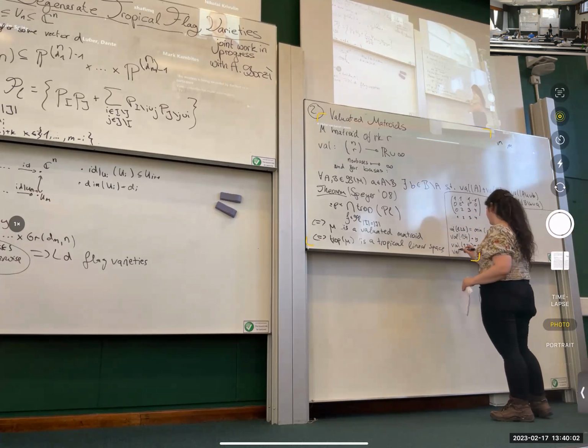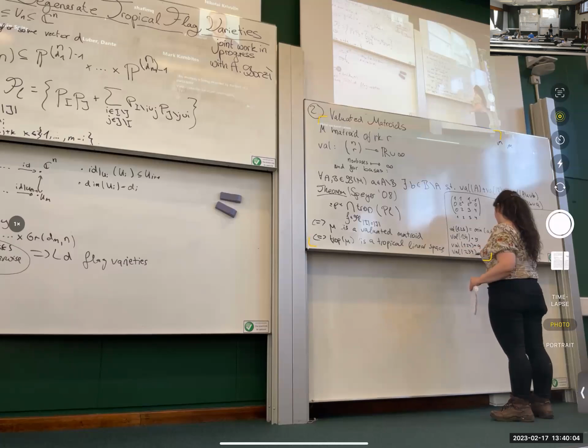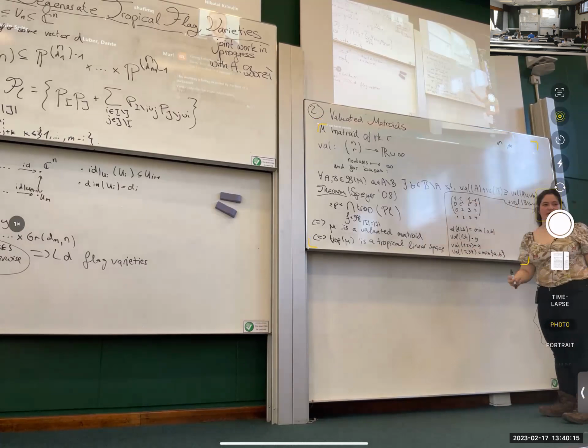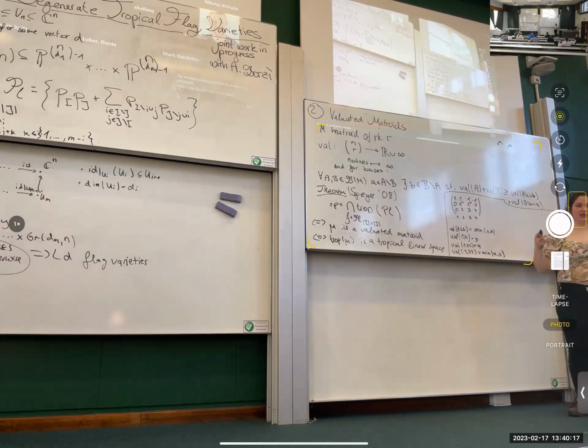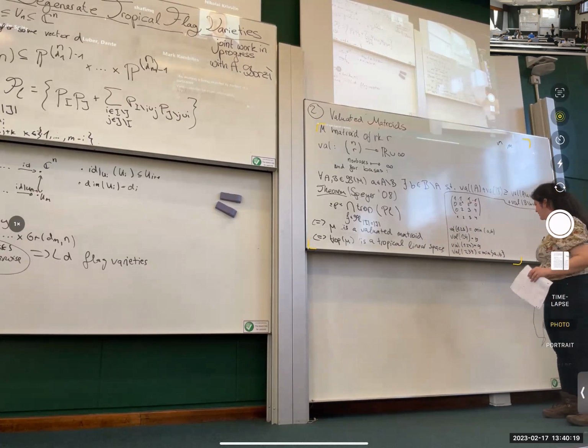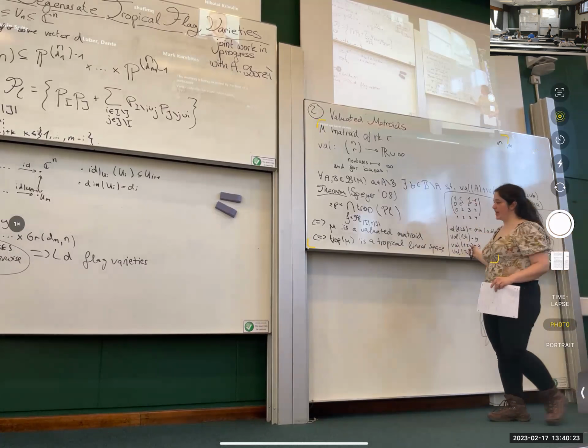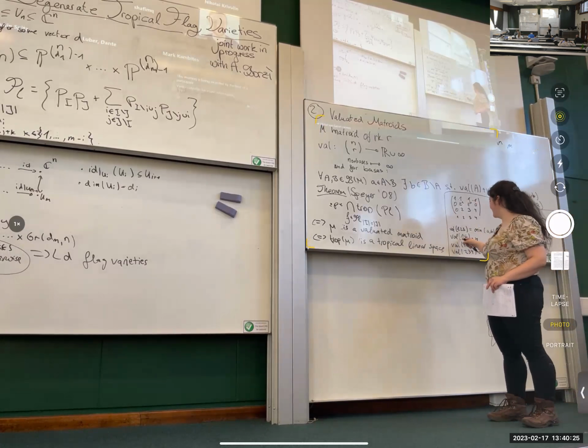And the valuation of 2, 3, 4 is also the minimum of a and b. So what we do is we compute the determinant everywhere, and then we take the tropicalization of this determinant. And we can check that this actually is a valuation function on the matroid U_{3,4}.